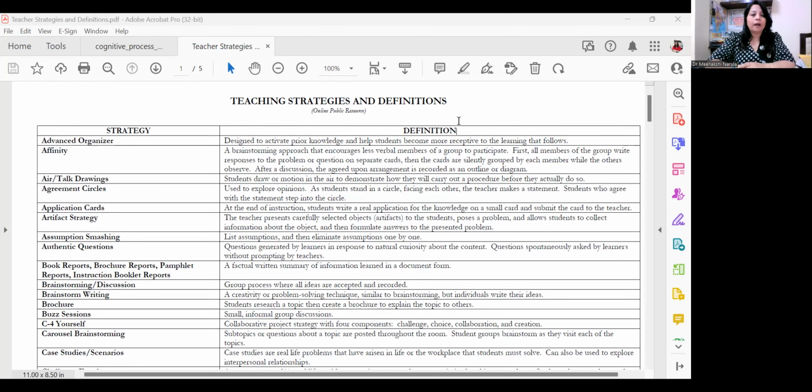Next one is artifact strategy. The teacher presents carefully selected objects to the students, poses a problem, and allows the students to collect information about the object and then formulate answers to the presented problem. You are bringing a few objects, like I have already shared with you.